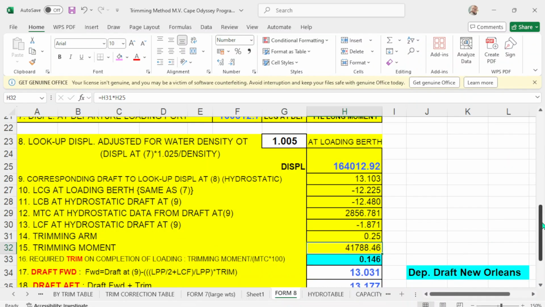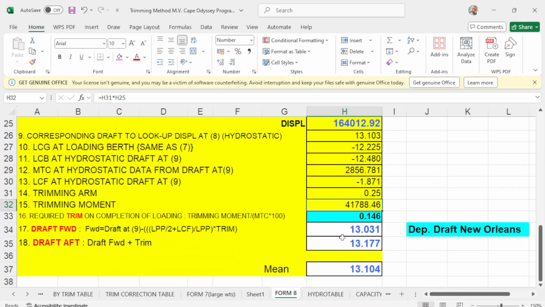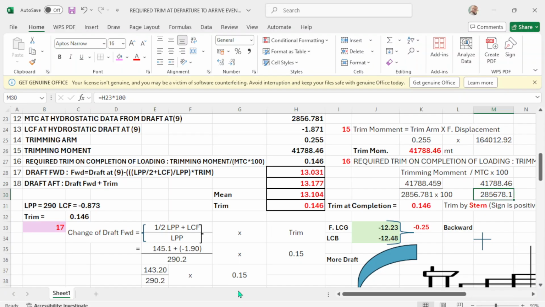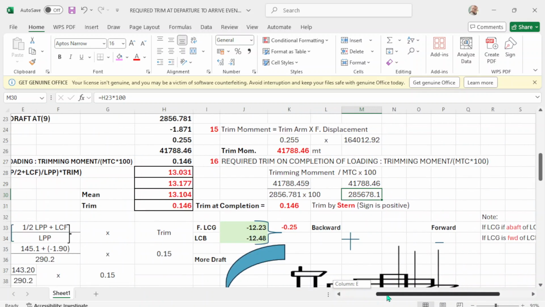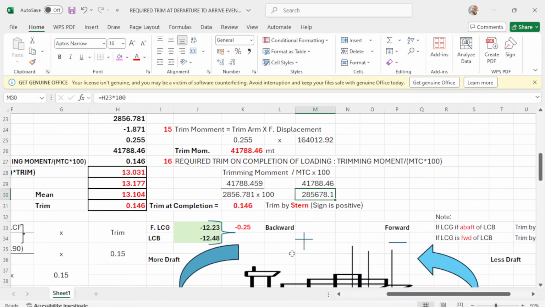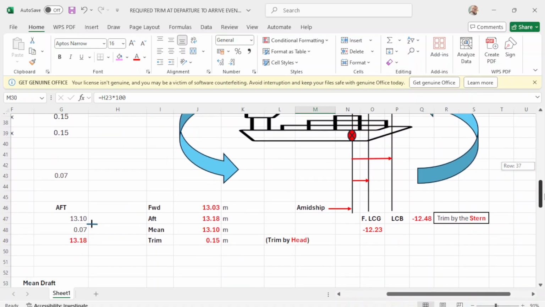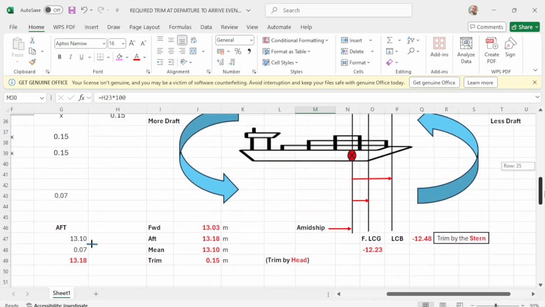Now, what will be your drop forward? You have already your trim here. What will be your drop forward and aft? Let's take note. I go to the Excel form, and here's the formula. Since you already have your trim by the stern, we will go now to this one.